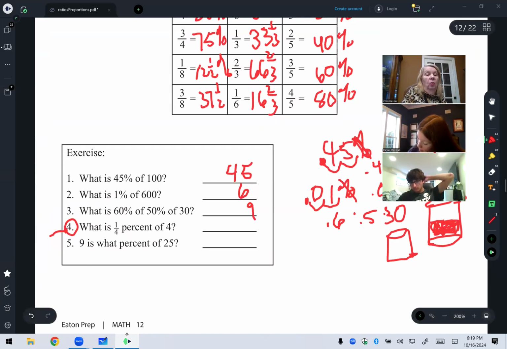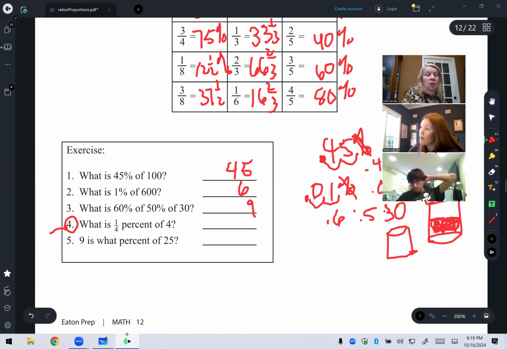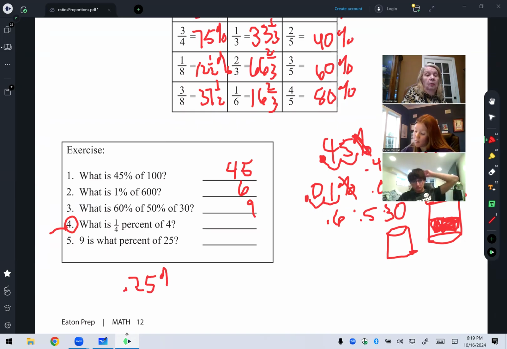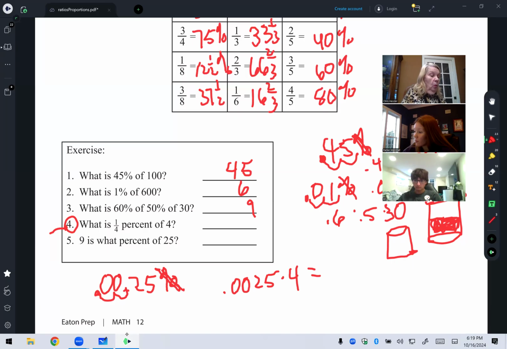So for 4, we need to do 0.25%, drop the percent, make a little butt, or move it to the left. That's going to get us 0.0025 times 4, which will be 0.01.